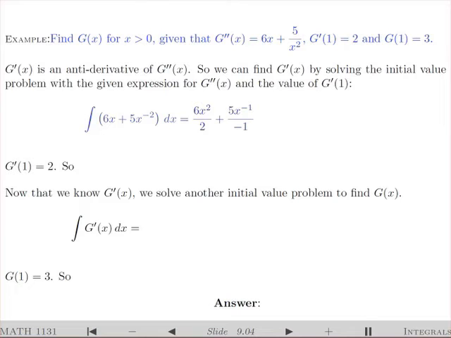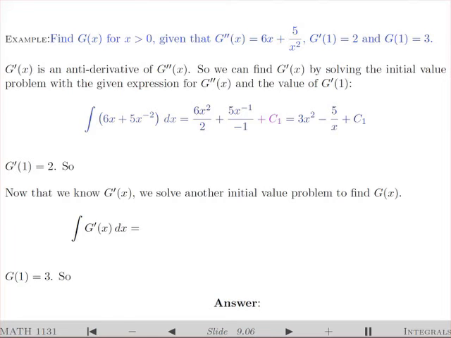And for 5x to the power negative 2, it will be 5 times x to the power negative 1 over negative 1. And of course, we have to have the constant of integration. I will write it as C1 because we'll have a different constant in the next portion. So to avoid any confusion, use different names. So we get 3x squared minus 5x to the power negative 1 plus the constant of integration.